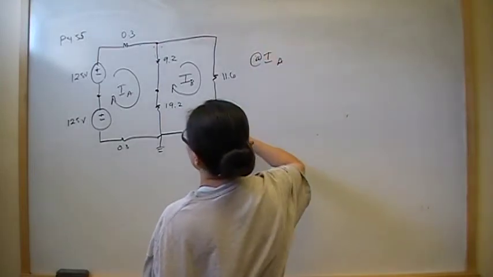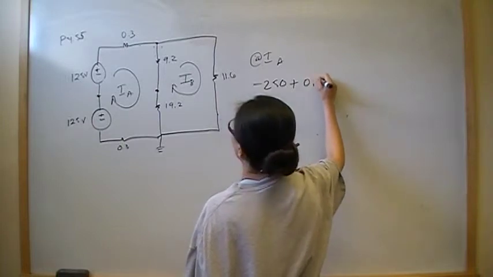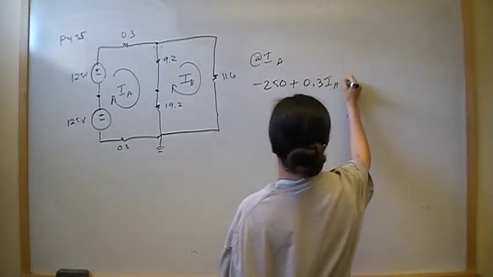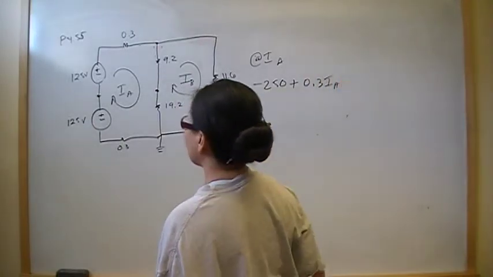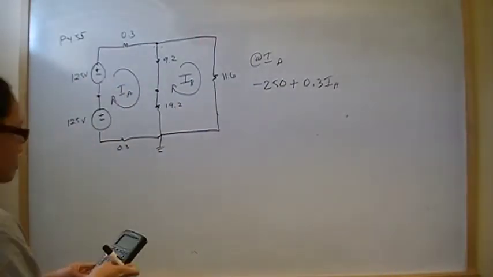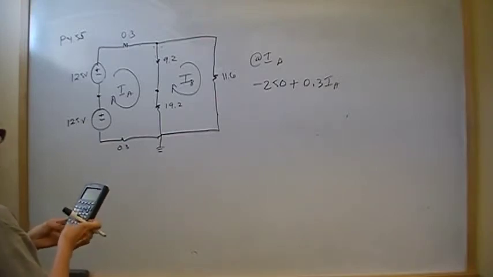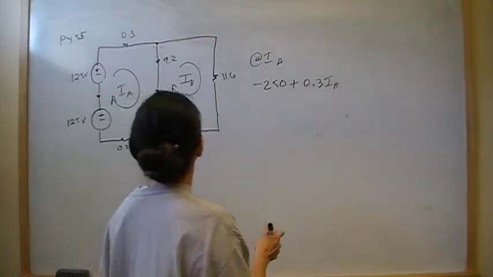Mesh at IA is going to be minus 250 plus 0.3 IA. Let's go ahead and combine that. We'll break it out after we figure out what the voltage drop is. Alright, so 9.2 plus 19.2, that's going to give me 28.4.